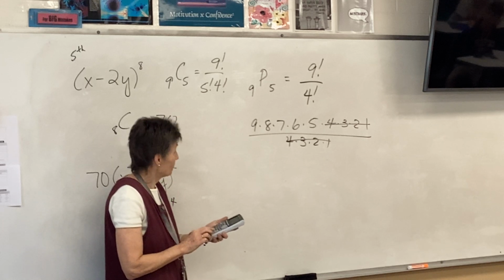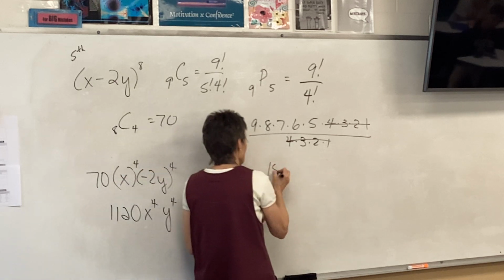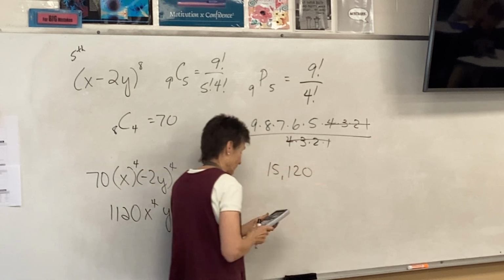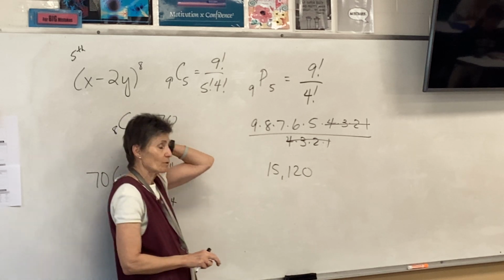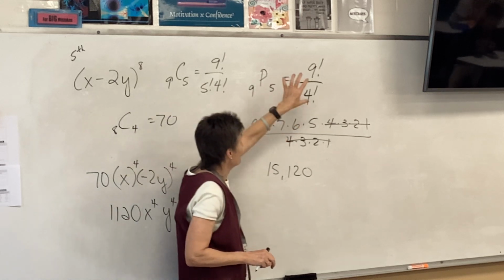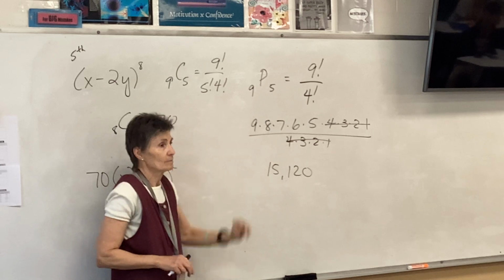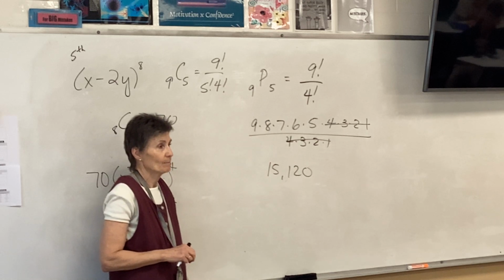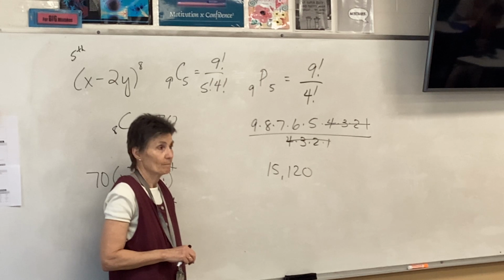So, did you get 15,120? Yeah. So I'm not telling you you can't use your calculator at all. You can. I just need to see this and this. And then you can use your calculator. Okay, everyone? Okay.